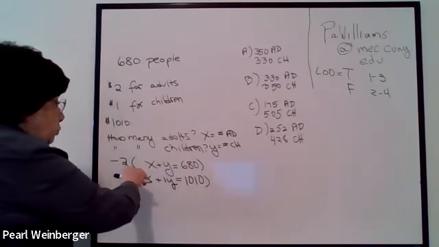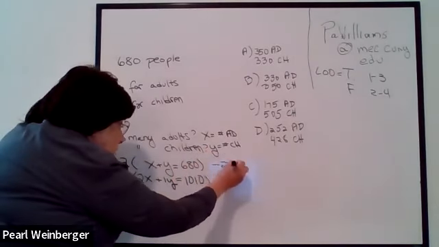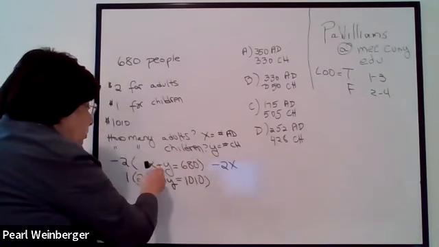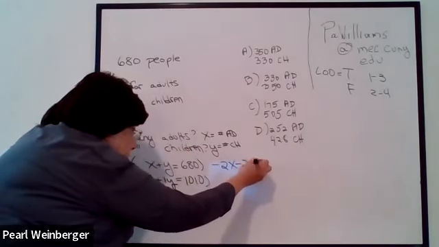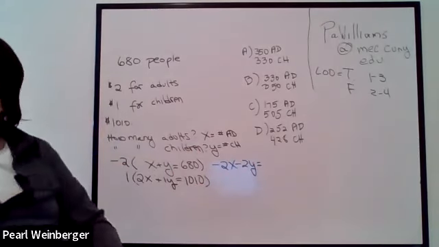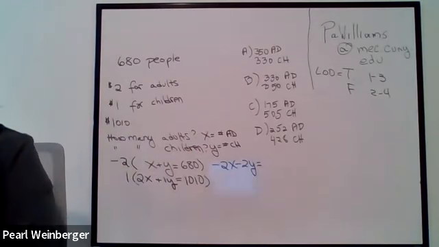Okay, multiplying the first equation by -2 will give us -2x, and -2 times y is -2y equals 680 times -2. So I'm going to take out my calculator and do it on my calculator.